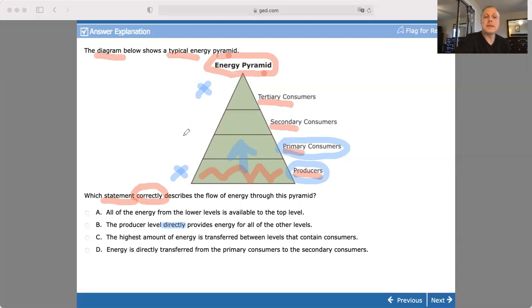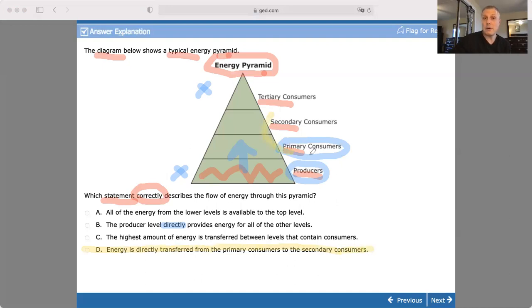So C says the highest amount of energy is transferred between levels that contain consumers, but producers are the largest. And D says energy is directly transferred from the primary consumers to the secondary consumers, which we can definitely see here. It is true because primary and secondary are separated by one line between one another, right?